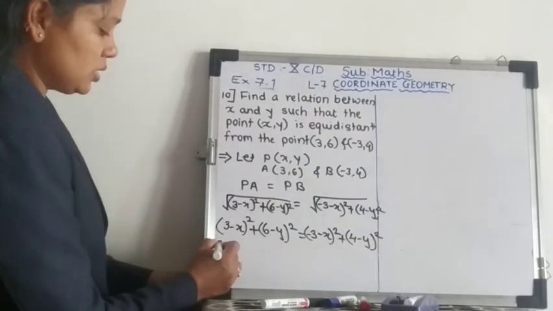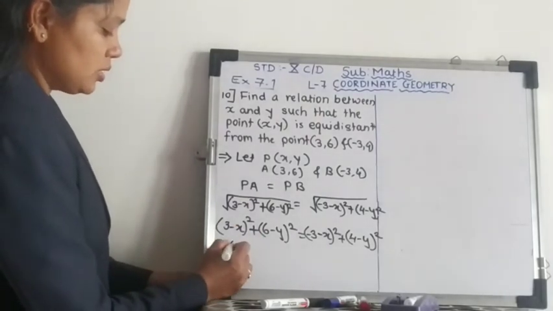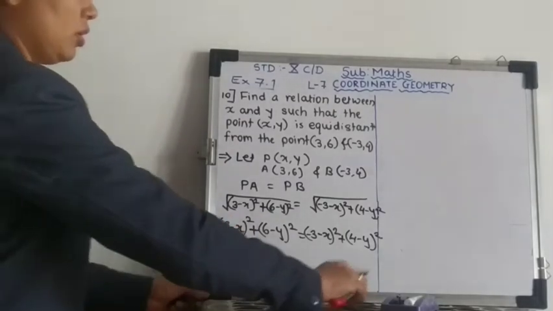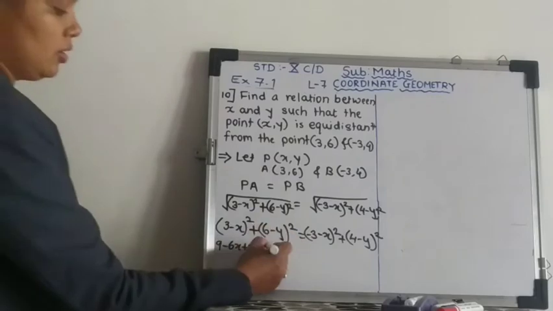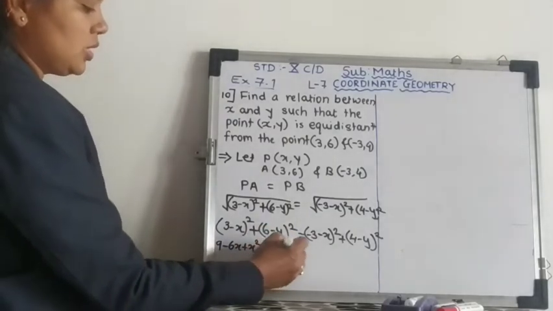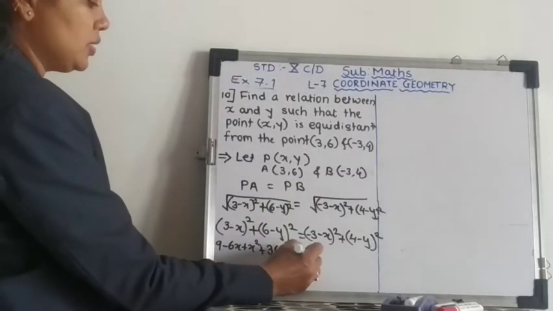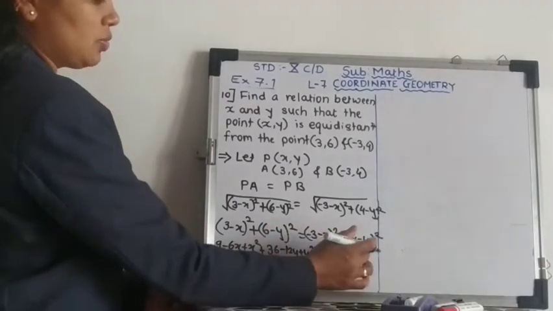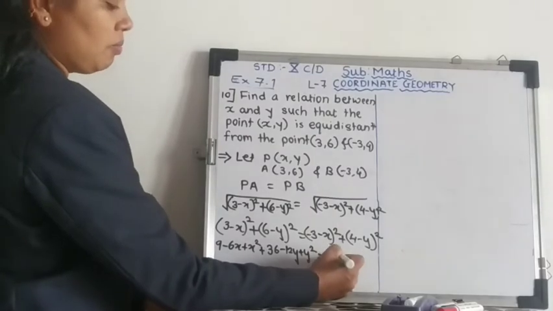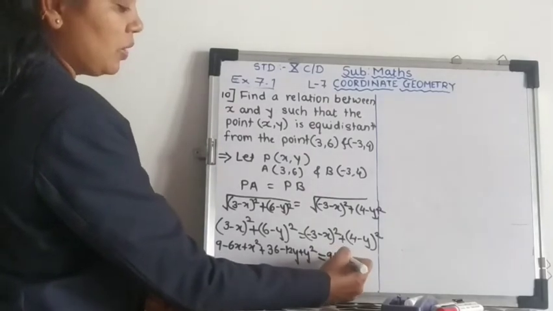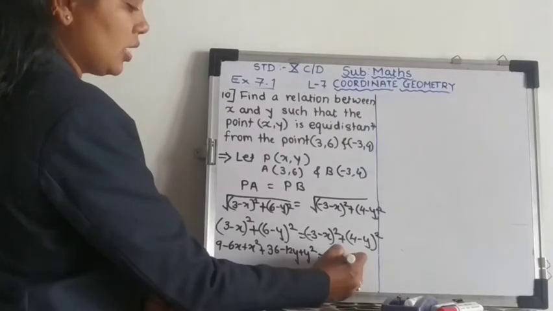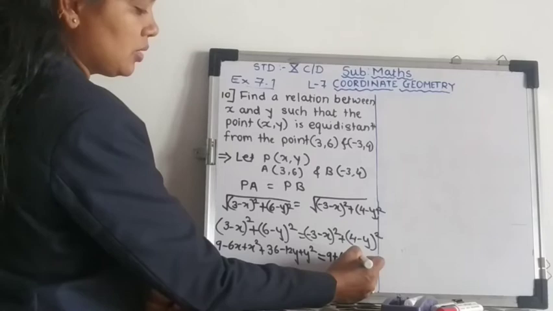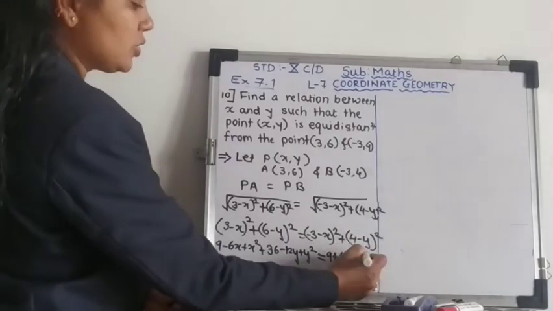So 3 square is 9 minus 6x plus x square. Do that expansion or use the identity carefully. Plus 6 square 36 minus 12y plus y square equals to, this one we will solve. Now 9, minus minus plus, we will have 2 3s are 6x, then plus x square.